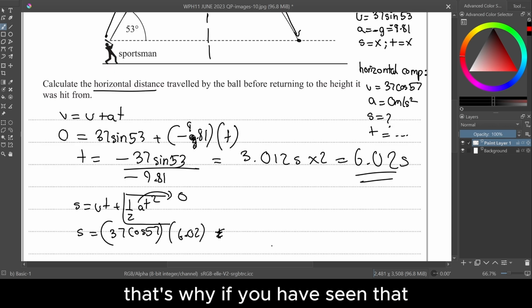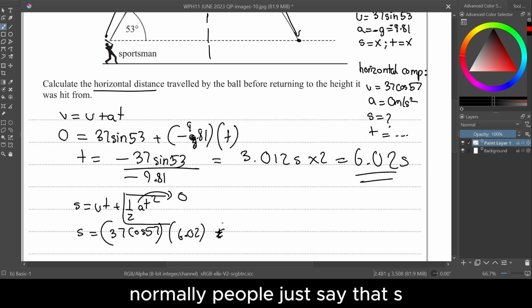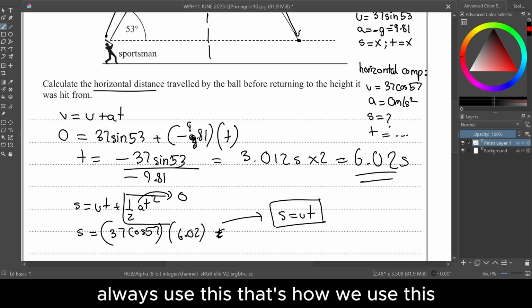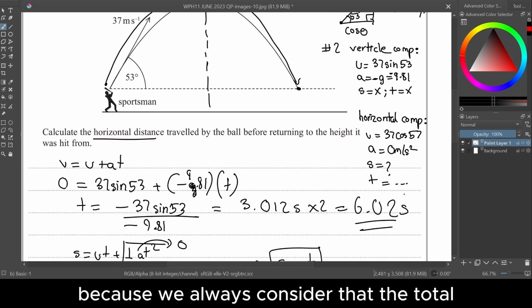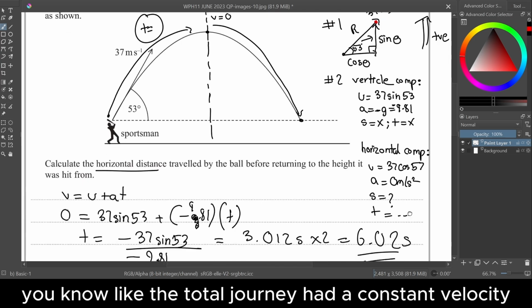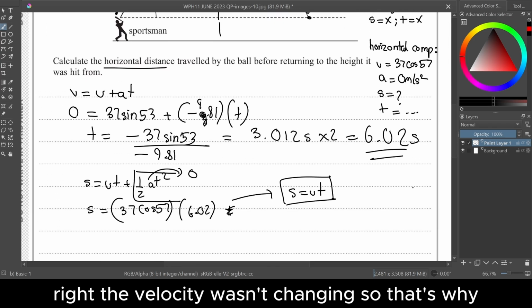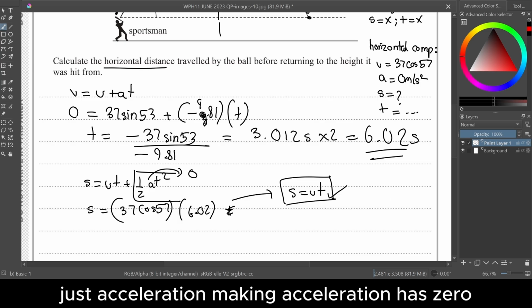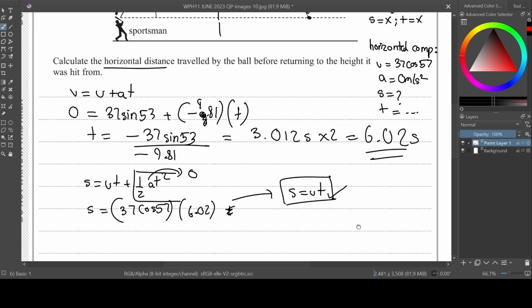That's why normally people just say that S is equal to ut for horizontal components. We always consider that the total journey had a constant velocity, the velocity wasn't changing. So that's why we use S equals ut, making acceleration 0.